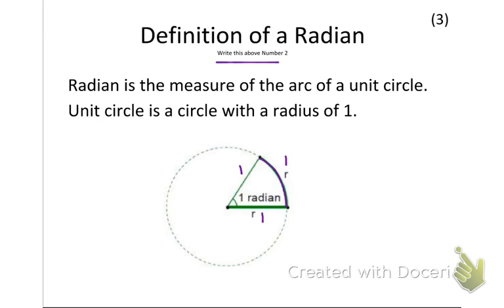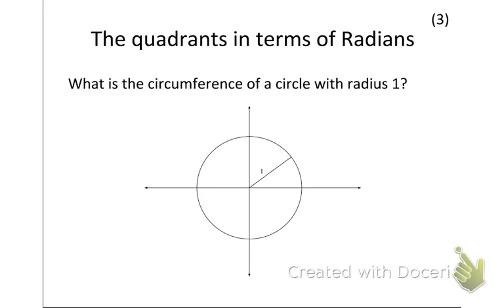Now we want to be able to figure out exactly how many radians are in a full rotation. In order to do this, let's find the circumference of a circle with radius 1 so that we know the entire length of our circumference.